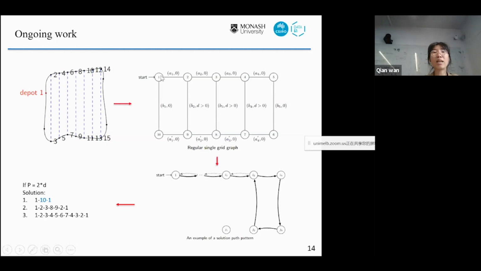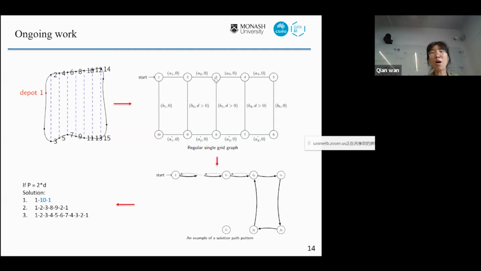And the last robot starts from the start node 1, and then goes to 5, and then sprays 5, 6, back to 7, and sprays 7, 6, and back to the depot. So this is the solution pattern.